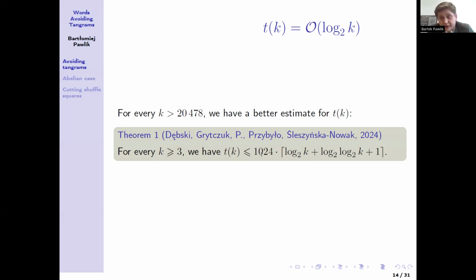We need to take big enough Zimin words to get this bound, and the method used was entropy compression. So, as we all know, there are better methods to do such calculations. So it may be possible to strengthen this result, but we know now that we can go logarithmic with the value of the function t.